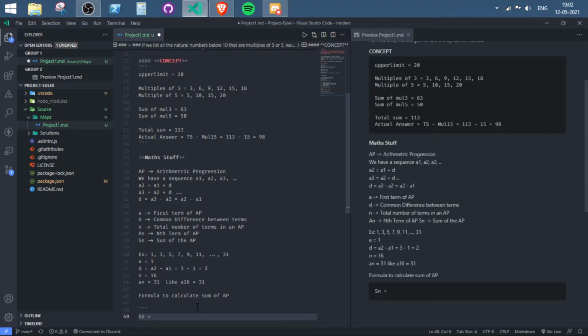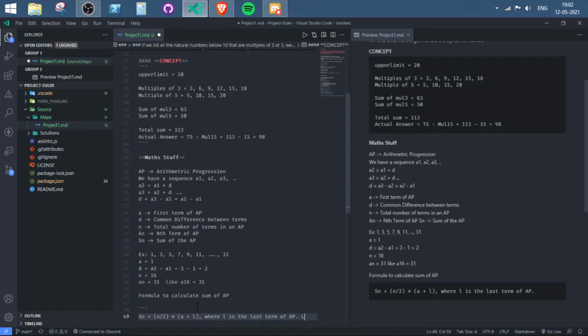One can be n by 2, multiplied by a plus l. Let me take some space, or maybe the next line, where l is the last term of the AP.